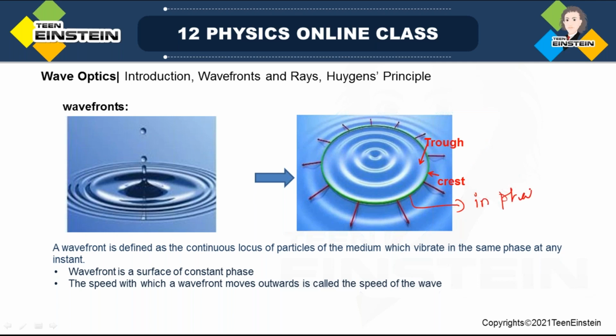Whatever circular patterns you see, whether crest or trough, the particles in the crest or in the trough vibrate in phase. But don't think the particles on the trough and the crest are in phase with each other. They are out of phase, because these particles are moving upward and these particles are moving downward.